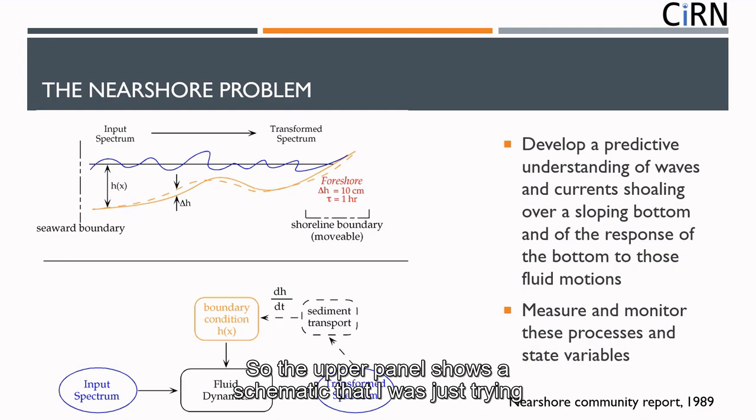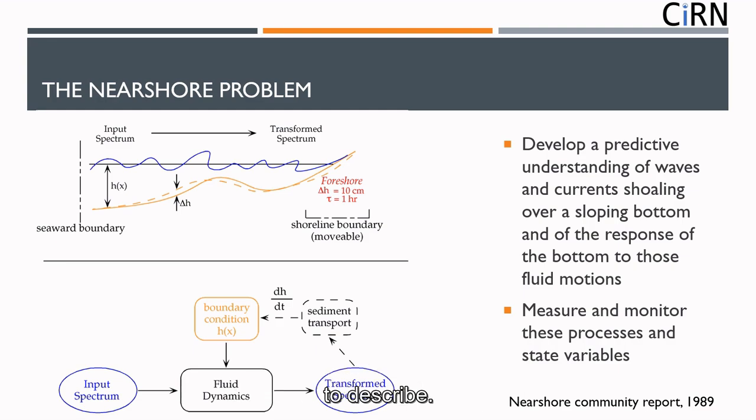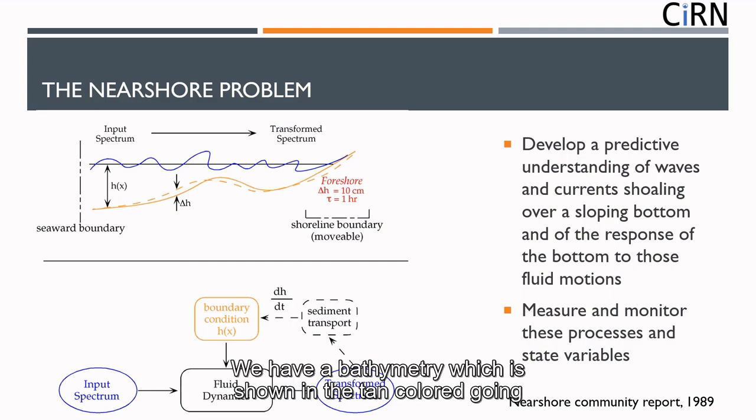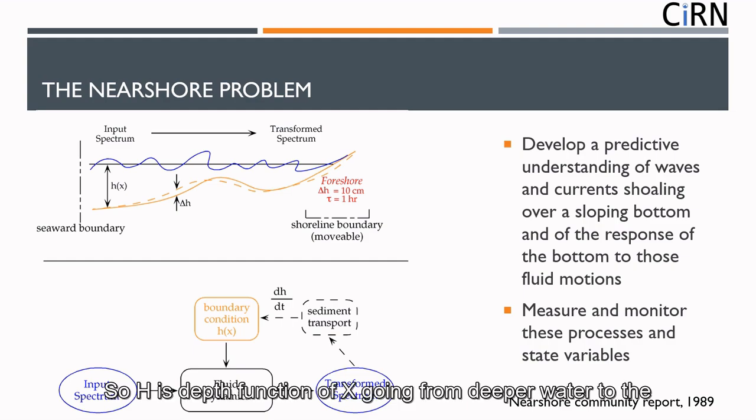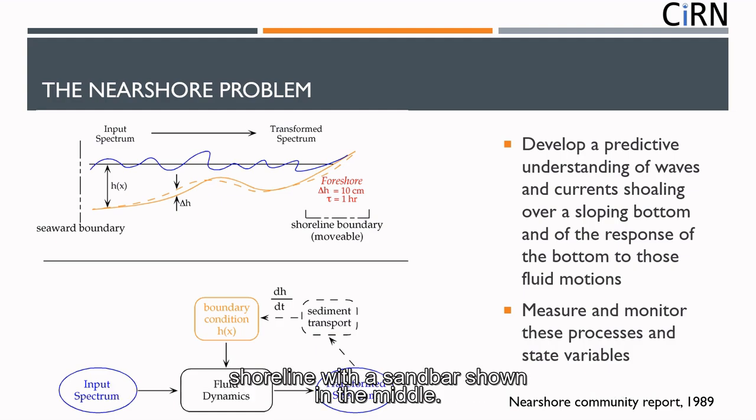So the upper panel shows a schematic that I was just trying to describe. We have a bathymetry, which is shown in the tan color. So h is depth, a function of x, going from deeper water to the shoreline with a sandbar shown in the middle.